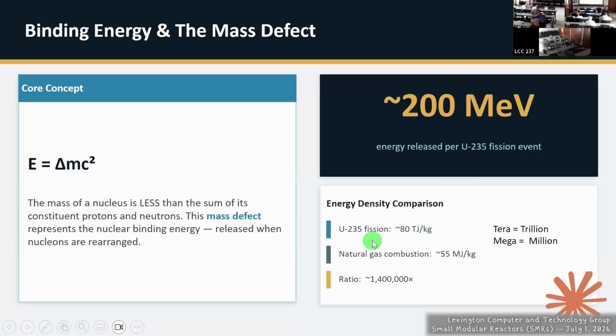One kilogram of U-235 gives 80 terajoules, meaning trillion, of energy. Natural gas combustion gives 55 megajoules per kilogram. So the ratio is 1.4 million to 1. You get 1.4 million times as much energy from a kilogram of U-235 as you do from natural gas.